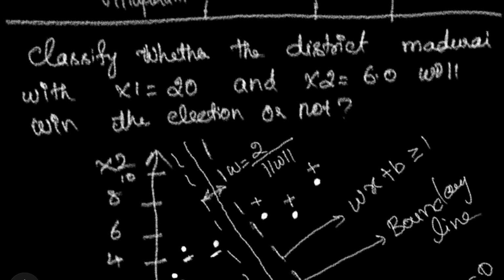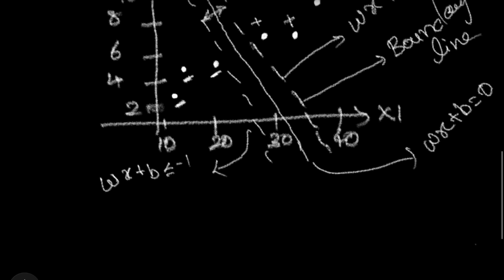If it falls on the positive margin line, then we can decide that it wins the election. If after applying x1 and x2 in the equation you get a value lesser than 1 or it falls under the negative margin, then obviously we can classify it as losing the election.